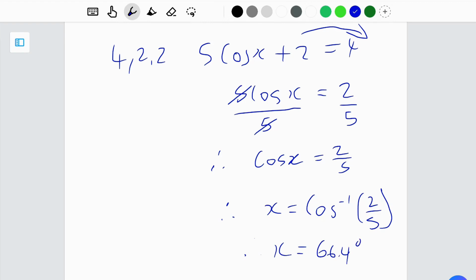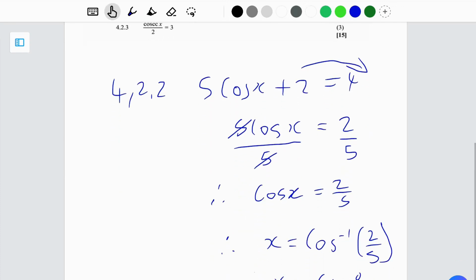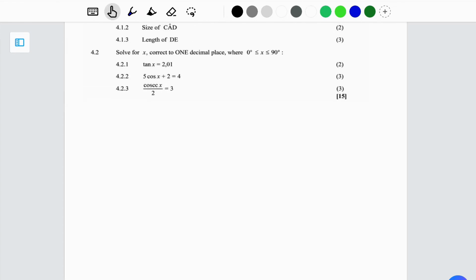Okay. Alright, let's go to our final question. It says cosec x over 2 equals 3. Right, let's have a look at it. So that is 4.2.3, the last question. So let's just rewrite it.